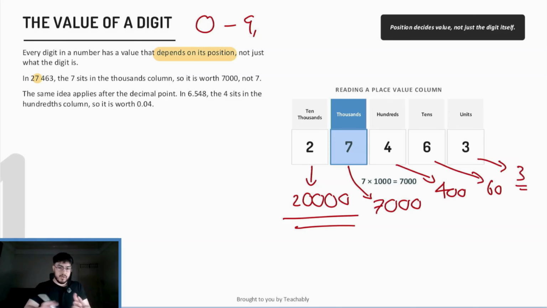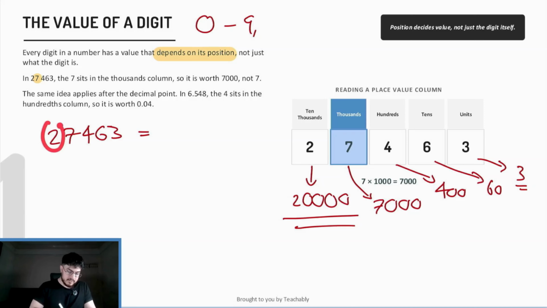If we break this number down, and we can do this with any number, let's take 27,463 and put it in a column so it's very obvious what's happening. We write down the first digit, which is 2, and for however many digits follow it, we put 0.